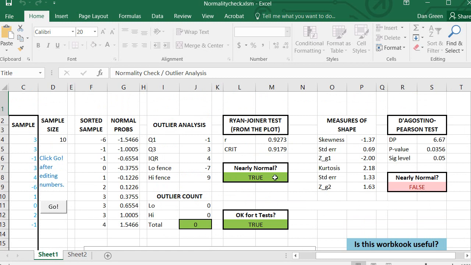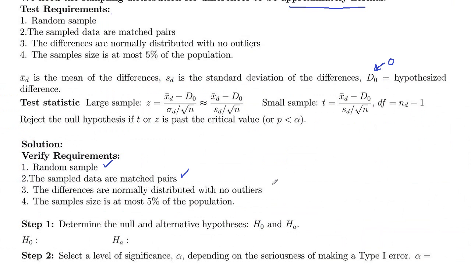On the basis of 2 out of 3 tests, we'll go ahead and say that this is approximately normal. We do look to have one outlier, so this is not quite satisfied. That would call our results into question if they're close.